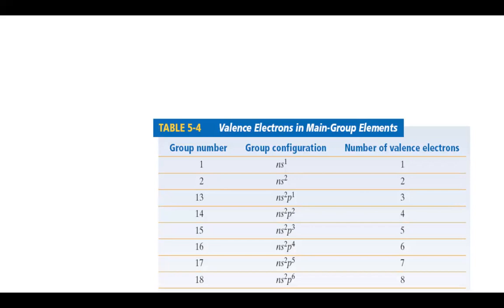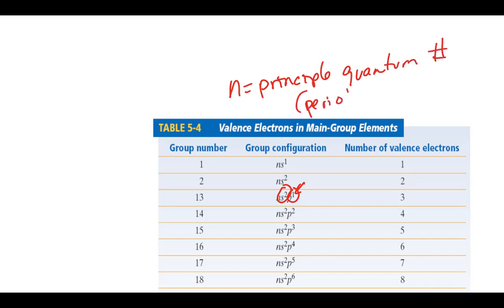And then I want you to notice when you add the p orbital, you start to add both the s and the p electrons together because they're all in the same energy level. For example, if n equals 3, remember n is the principal quantum number, which is the same as period number.